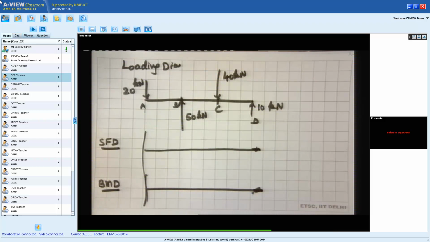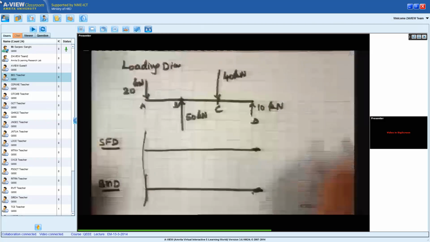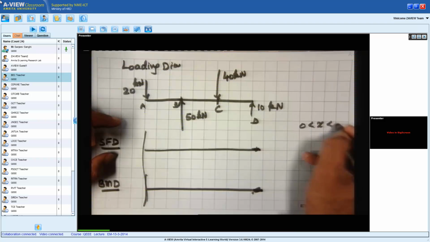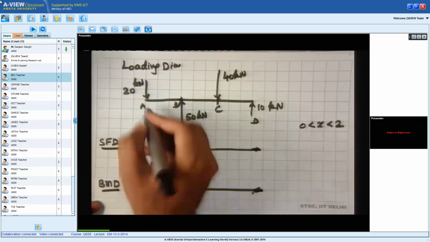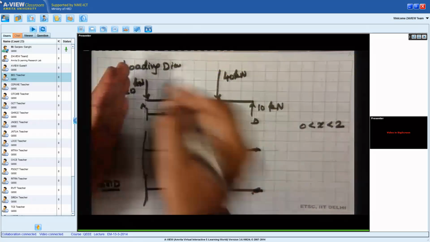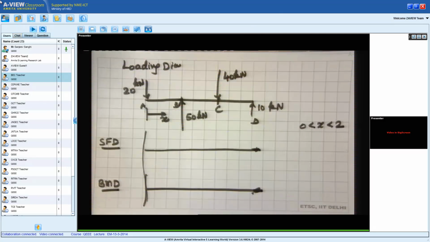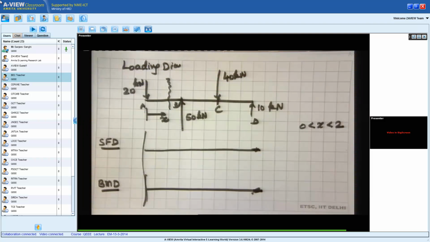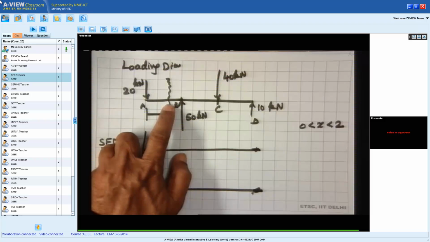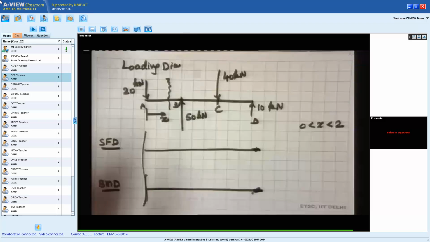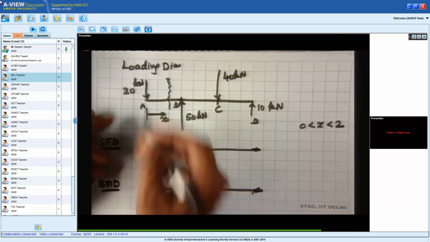Now, we are taking x, and we are going from the left section when x lies between 0 and 2. So notionally in your mind, you will be cutting a section here. X is the place where you have cut the section. X lies between 0 and 2.